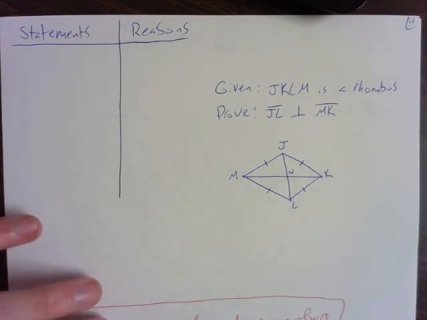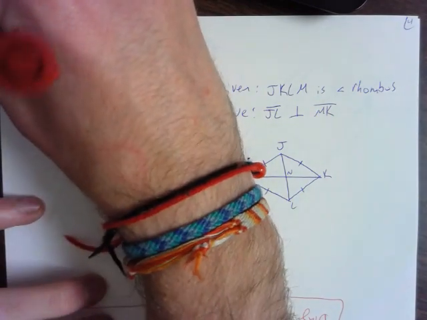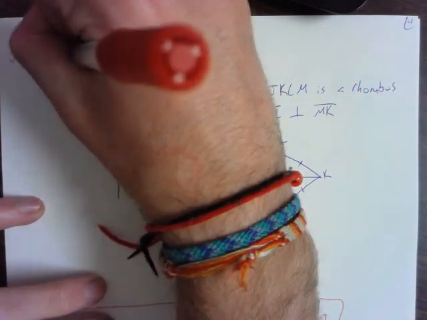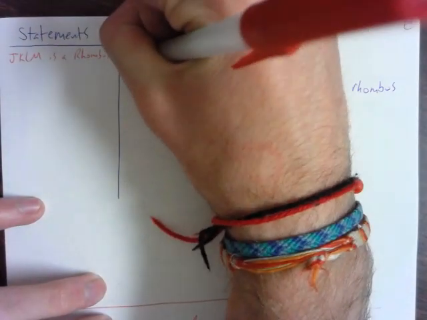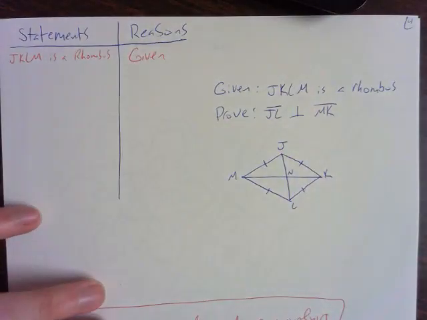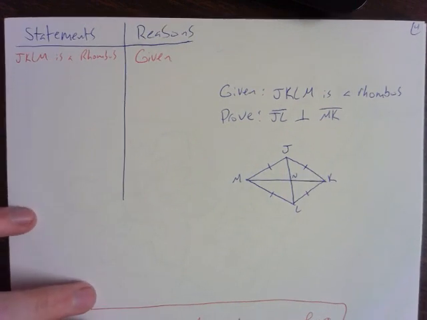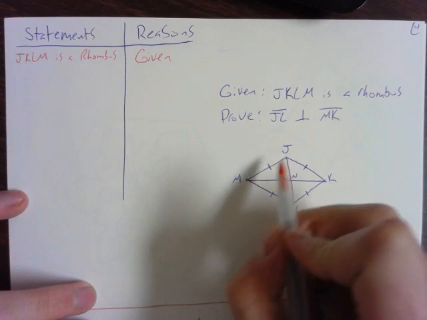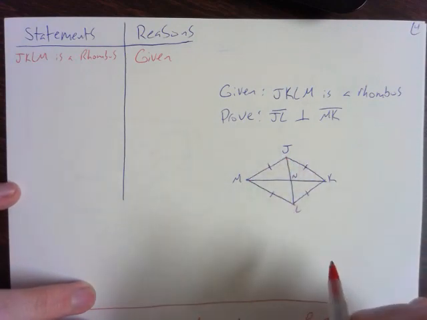So our first statement is always the given statement. So I'll start with JKLM is a rhombus, and that has been given to me. Okay. Now, next I'm going to say that line segment JM is congruent to line segment JK.